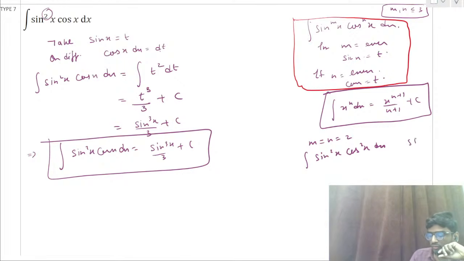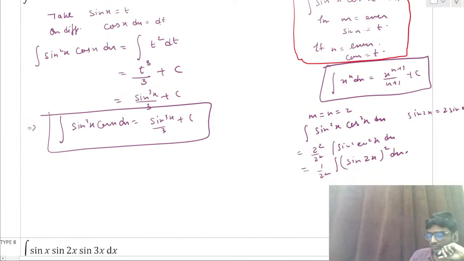We know the formula sin 2x equal to 2 sin x cos x. So we can write this, when we multiply and divide by 2 square, as sin square x cos square x dx becoming 1 upon 2 square, and placing this inside the integral, it becomes sin 2x whole square dx.